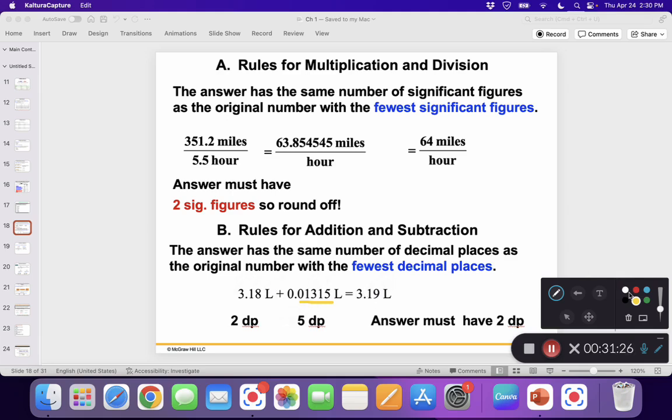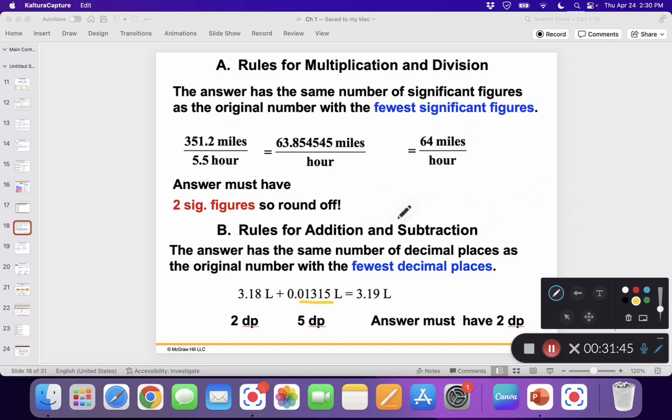Okay, so that is the rule about addition and subtraction. If we come up with a calculation where multiplication, division, addition, and subtraction are all there, then just like regular math, we follow the PEMDAS rule.